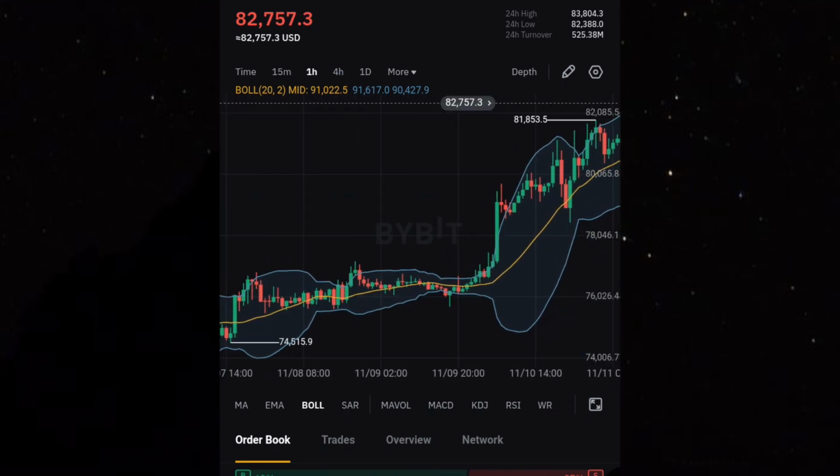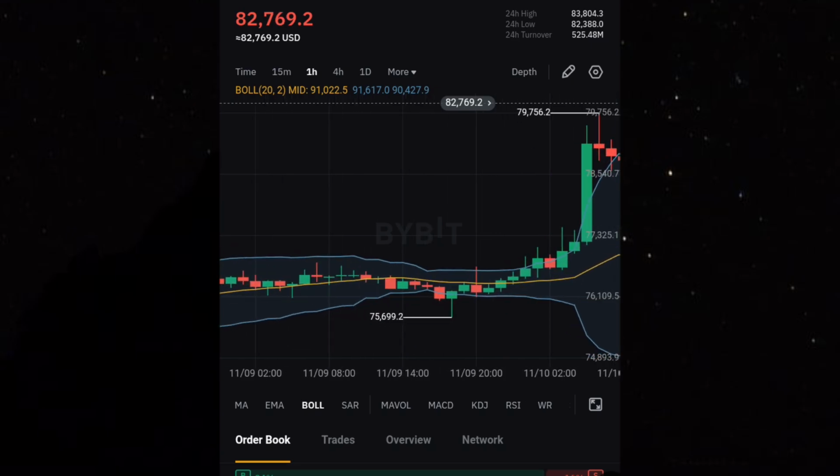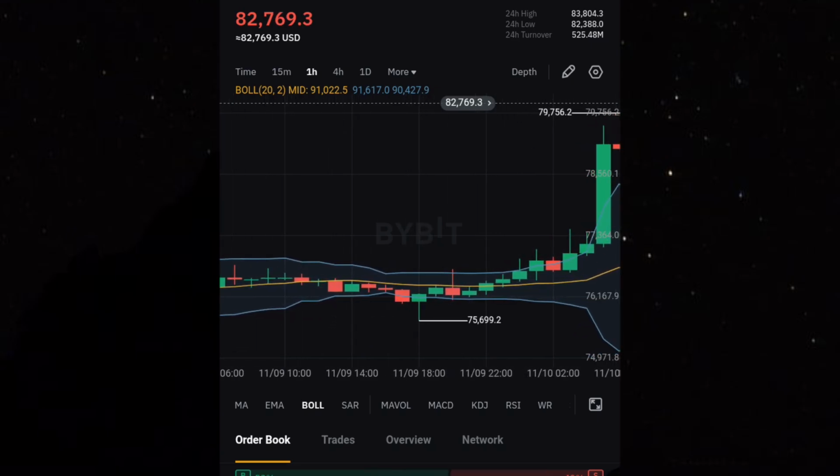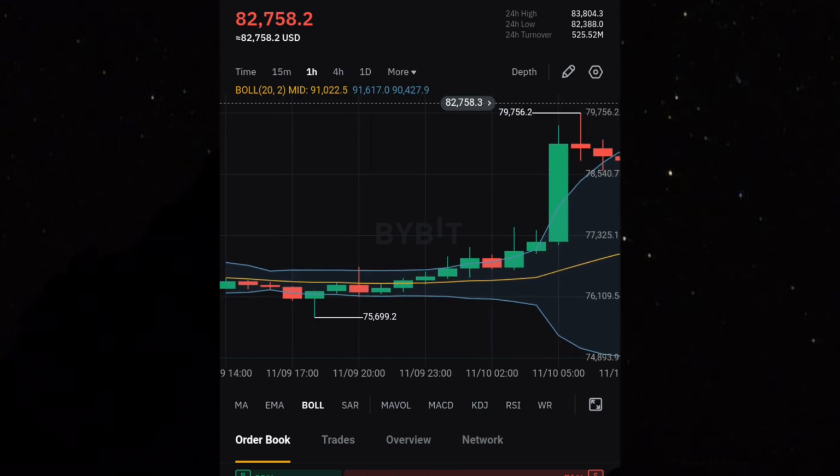Like I always said, once you squeeze your screen, you'll be able to find the proper squeeze. This is a proper squeeze. The next step is to zoom into the squeeze and see what is happening. Be patient, don't rush. Now, once you have seen that it's printing green, green, green candles and coming to the top, you're looking out for where the buyers are buying.